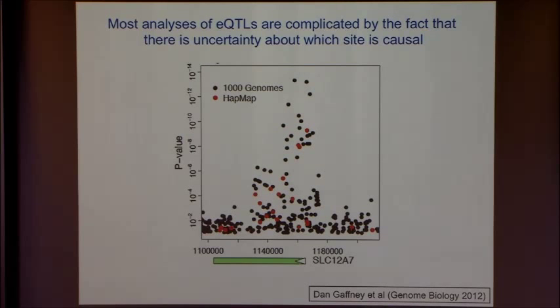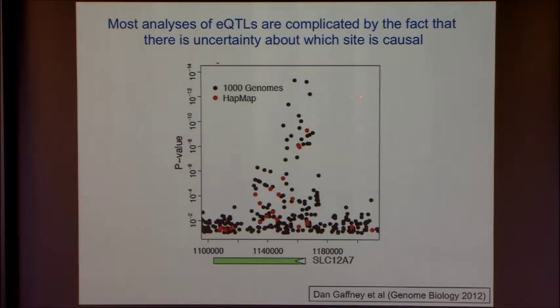Linkage disequilibrium refers to the property that SNPs that are close together in the genome are very often correlated in their genotypes. Here's an example where each dot shows you the p-value of association between a SNP in the region of this gene, SLC12A7, and expression of this gene. You can see that there are a bunch of SNPs that are all very significant. Presumably one of these SNPs is a causal site, and the others are simply in linkage disequilibrium with that causal site.